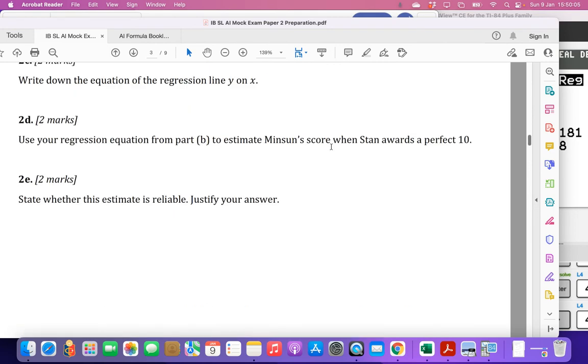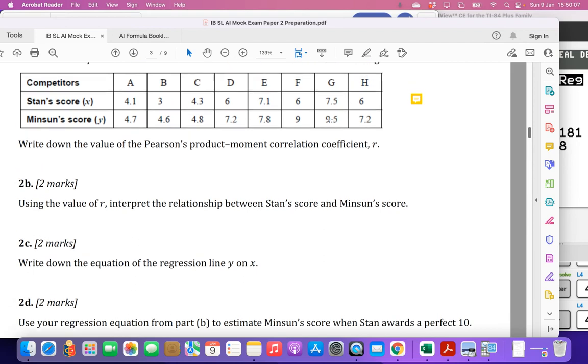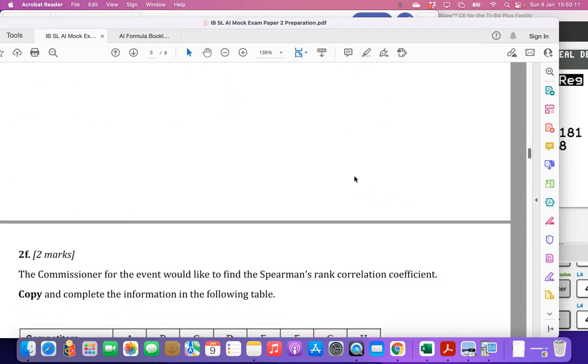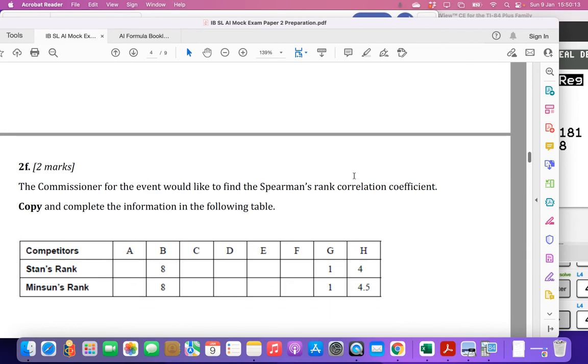Is it still the best score? Indeed it is for Min Sun, and in general for all of them. So no effect on the score. I'd say the rank is unchanged.